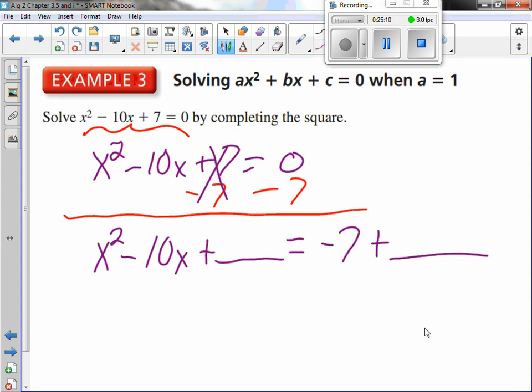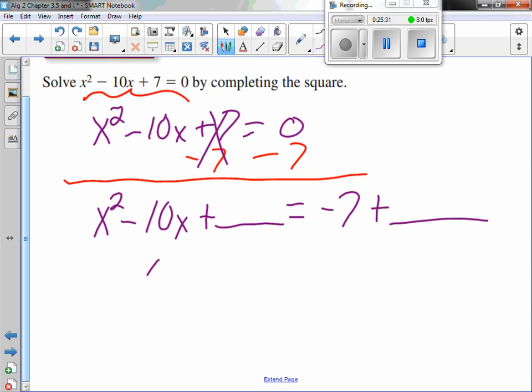And I said leave 2 blanks. That's what I mean. Because again, we have a method for finding the value of c. That would go in there. That would make that into a perfect square trinomial that I can rewrite as a set of parentheses squared. That's the whole purpose of what we just did with finding the value of c. Because if I can find that value of c, then this here I can rewrite as a set of parentheses squared.